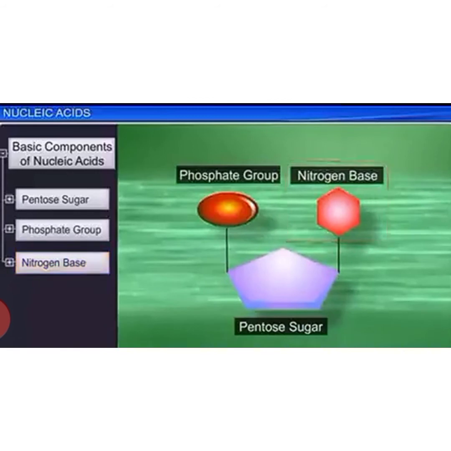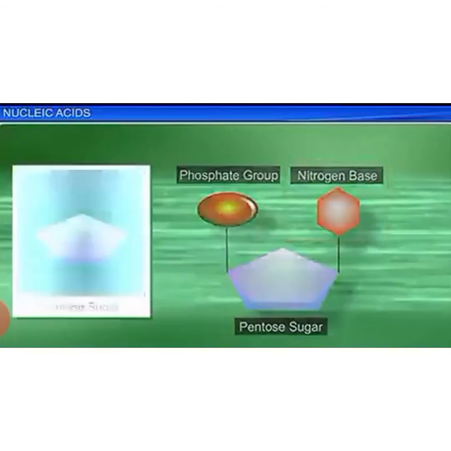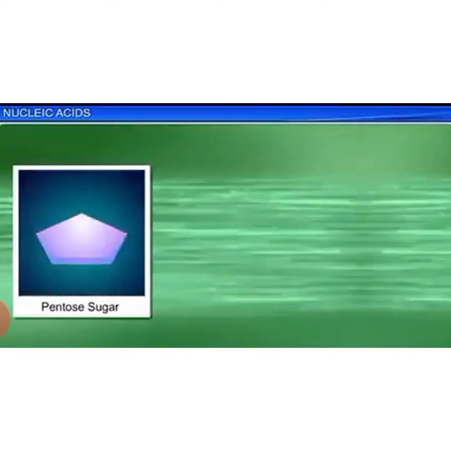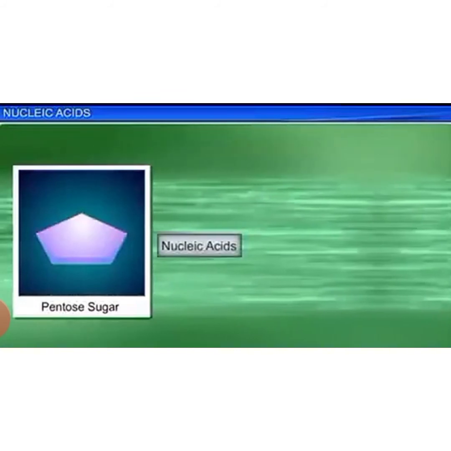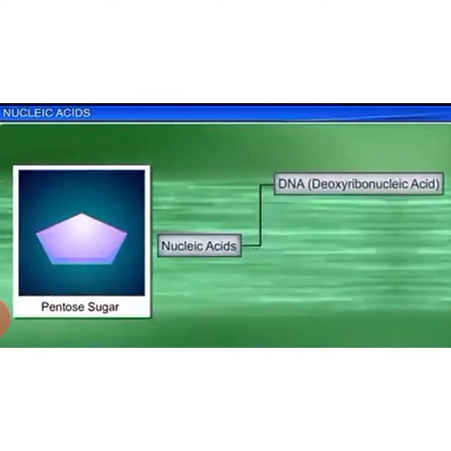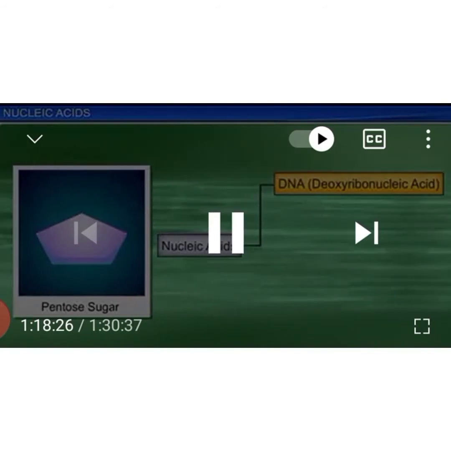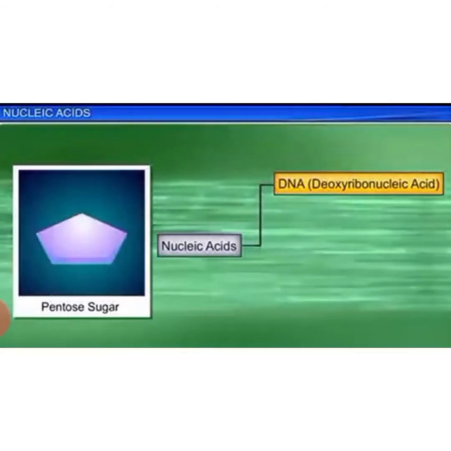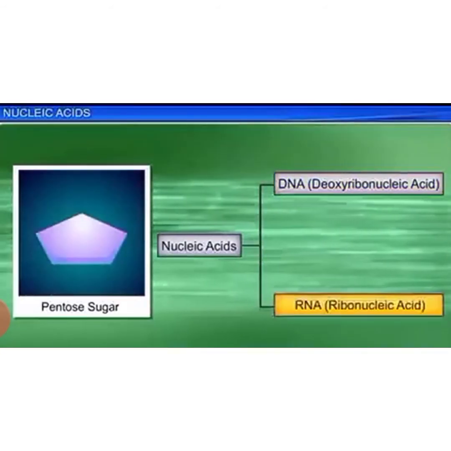Depending on the type of the pentose sugar present, nucleic acids can be broadly classified into DNA, deoxyribonucleic acid, and RNA, ribonucleic acid.